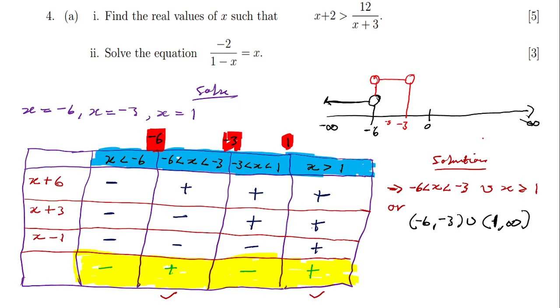Then you have a 1 there. When you talk of 1, we have two parts of it. The first part is the one connecting it with -3.